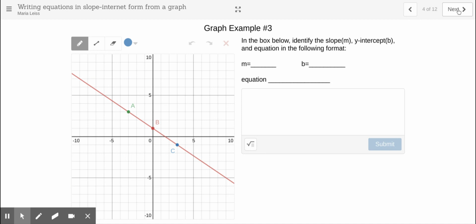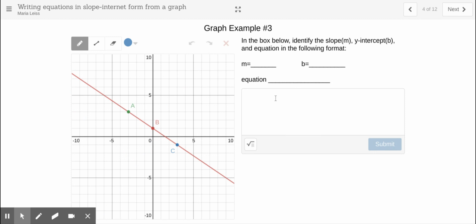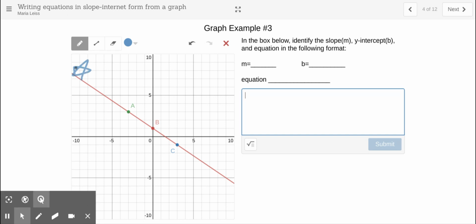Let's look at our next example. So here we've got another line. Now I hope you notice a difference between this line and the first two we did. This line is negative. Here's the key. I know this line is negative because it goes down from left to right. I always start my graph up here, or I always start my graph down here.